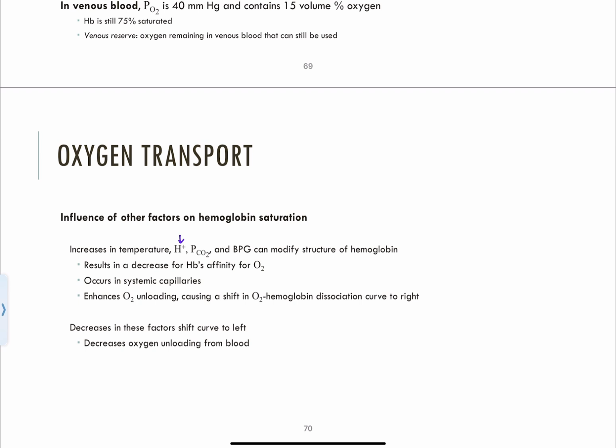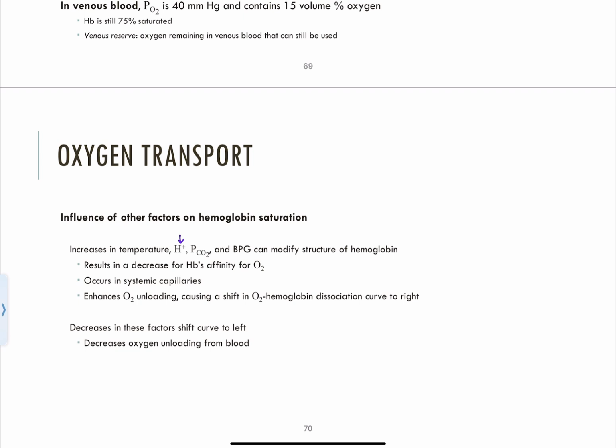A high partial pressure of carbon dioxide or BPG indicates that we have gone through cellular respiration and used a ton of oxygen in the process, because an increase in temperature, hydrogen ion concentration, carbon dioxide, and BPG are all waste products or byproducts of cellular metabolism, meaning that we used a lot of oxygen, so we have low oxygen levels and a high amount of these waste products.